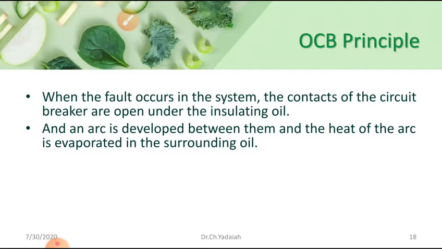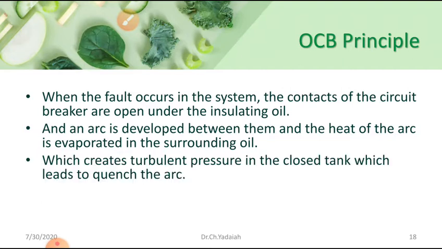Each bubble occupies about 1000 times the volume, so the pressure developed inside the chamber becomes very high. That pressure is required to increase the dielectric strength of the media between the two electrodes, which leads to quenching the arc.